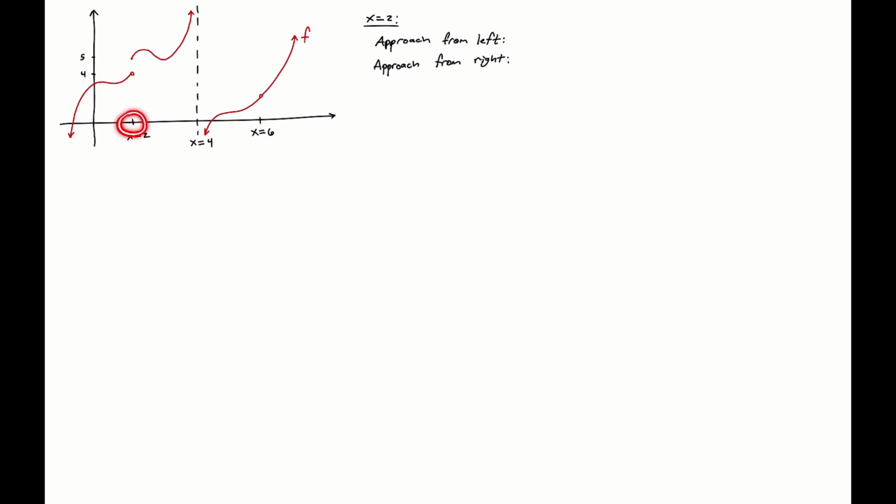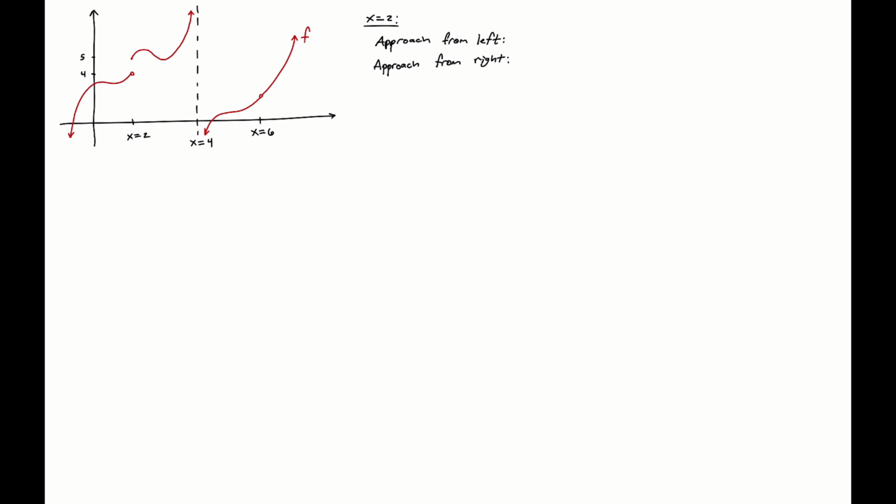So here, at this location 2, we can either approach it moving left to right in this direction, or we can approach it from the opposite direction, from the right to the left. So if we look at x approaching 2 from the left, let's put a minus sign up here, just to distinguish that x is approaching 2 from the left.